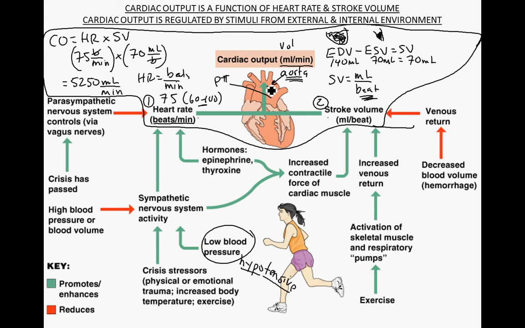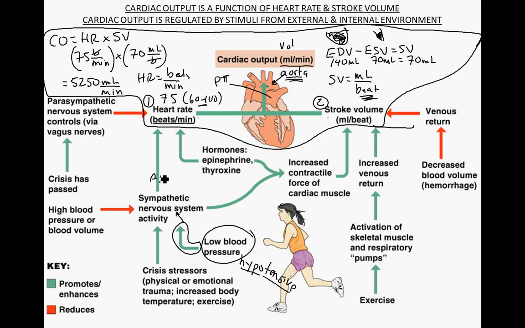That are baroreceptors, stretch receptors. And so those stretch receptors will detect that low blood pressure. When those baroreceptors detect that low blood pressure, that stimulates, and that's what this green arrow is right here, the sympathetic nervous system here to begin to then fire action potentials, right?